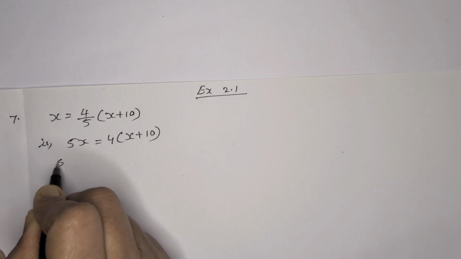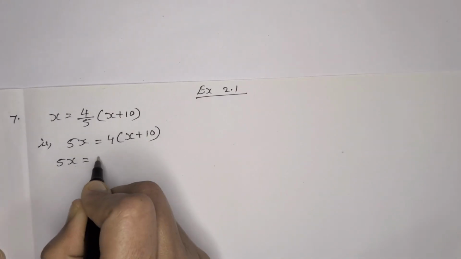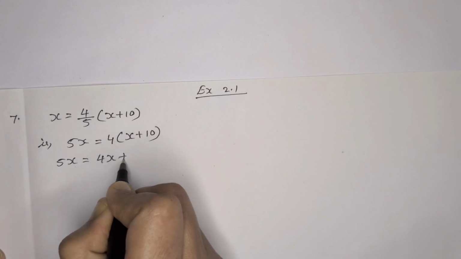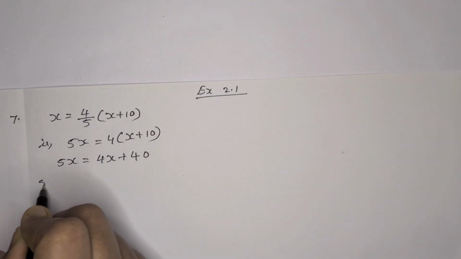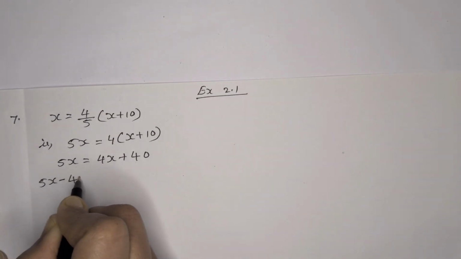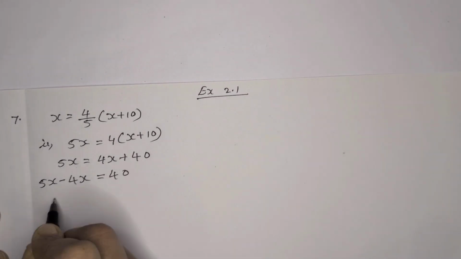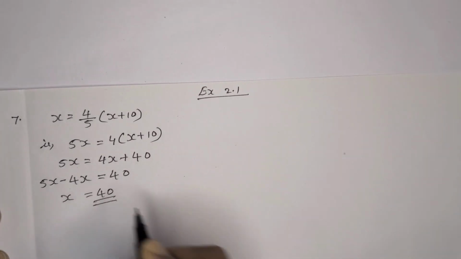That means 5x is equal to, open this bracket, 4 into x, 4x, plus 4 into 10, 40. When we are moving 4x to the left side, 5x minus 4x is equal to 40. 5x minus 4x, that is x, is equal to 40.